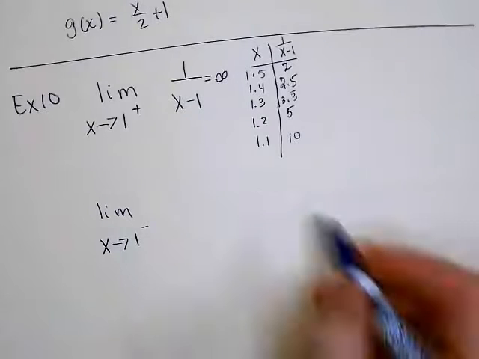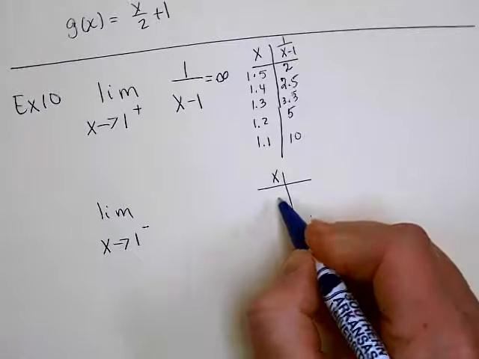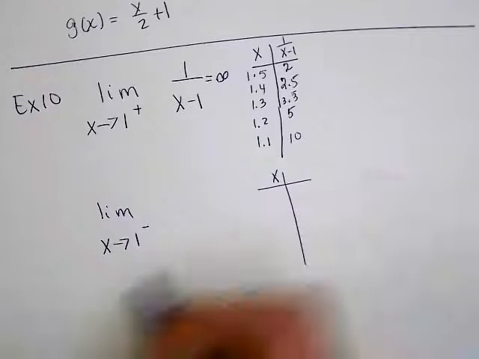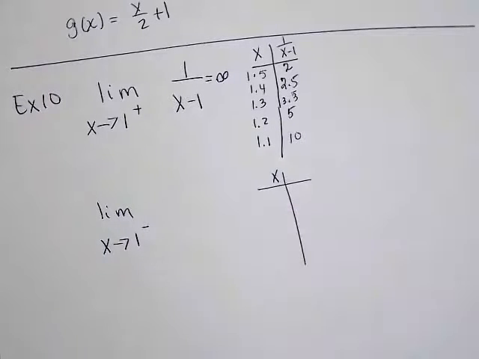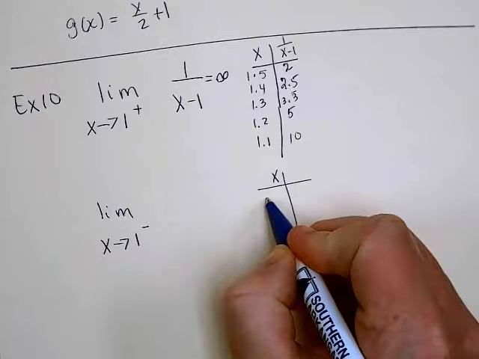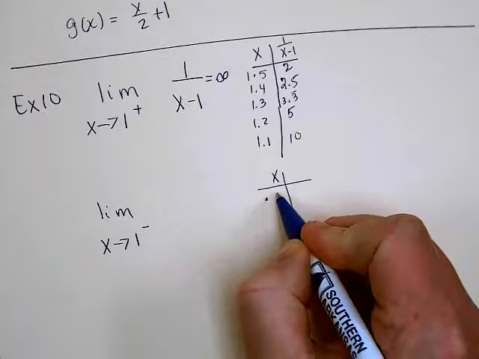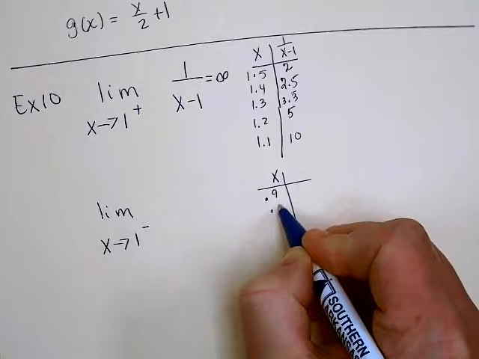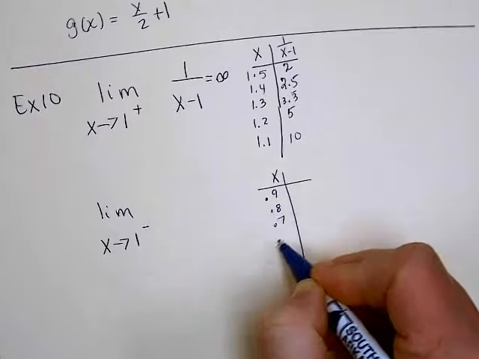As x approaches 1 from the left, the numbers in my table would be numbers like 0.9, 0.8, 0.7, 0.6, 0.5.